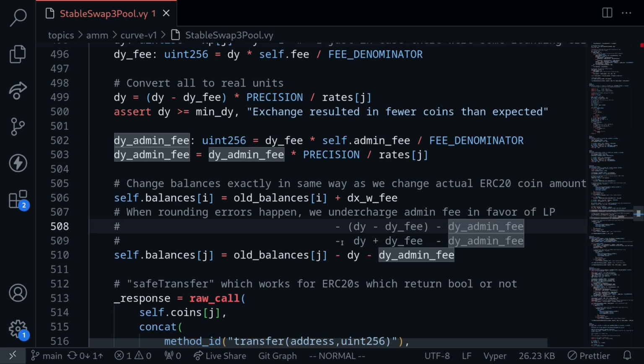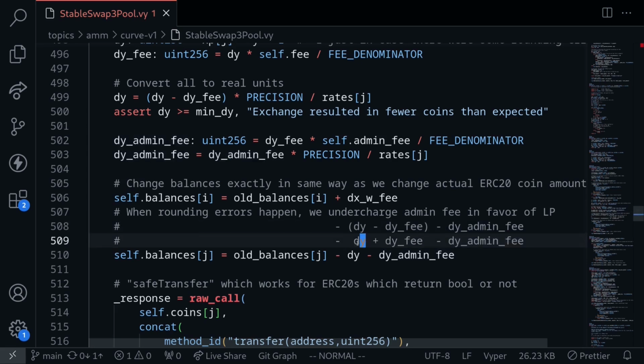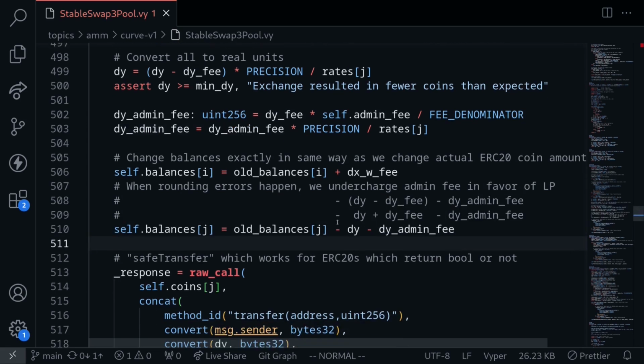We can simplify the math, and this will be equal to minus dy, and then inside the parentheses, the minus and minus become a plus, so this becomes plus dy fee, and then we have minus dy admin fee. So what this is doing is taking the old balance minus the amount of token that will go out, dy, and not all of this dy is going out. Some of it will stay as fee that is given to the liquidity providers. So we keep this amount dy fee. But from this dy fee, we're also going to give some to the pool admin, so we minus dy admin fee. So this is what this part of the code is doing.